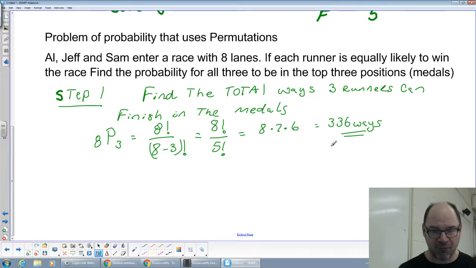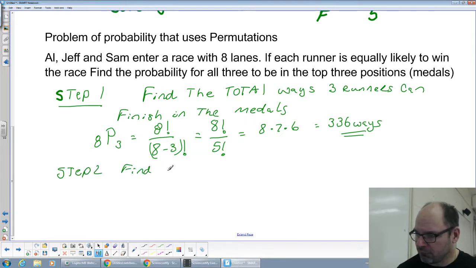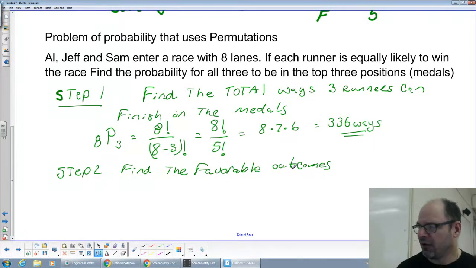The second step is to find the favorable outcomes. So step 2 is to find the favorable outcomes, the top of the probability, using counting methods, right? Okay, how many ways can 3 boys finish first, second, and third?